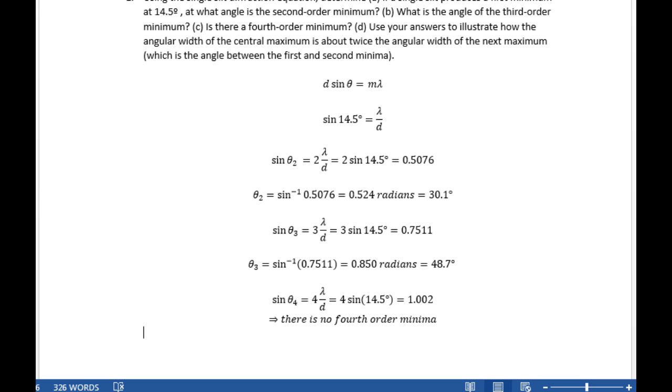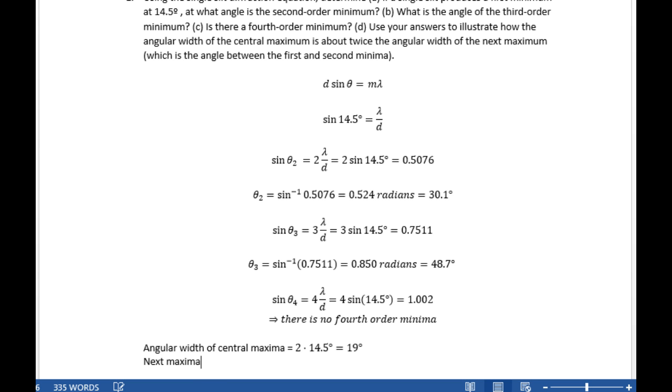So the angular width of the central maximum equals 2 times 14.5 degrees, which equals 29 degrees. That's the width of the central maximum.